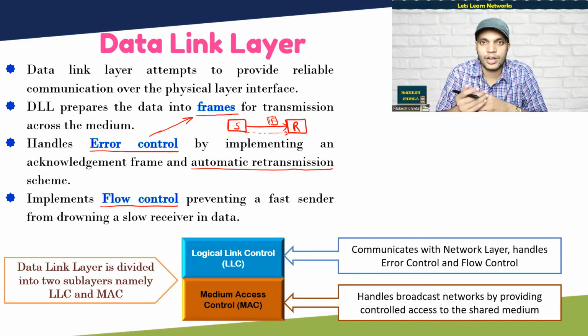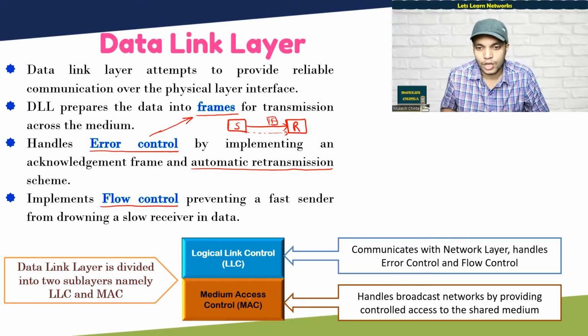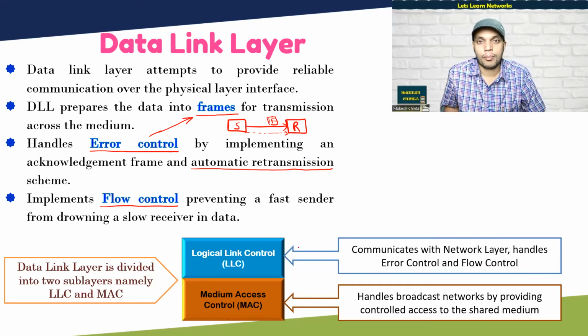Then how do you decide which host should use the medium, and for how much time? All those things are handled by the MAC sublayer. So it handles broadcast networks by providing controlled access to the shared medium, and it plays a crucial role in broadcast channels.